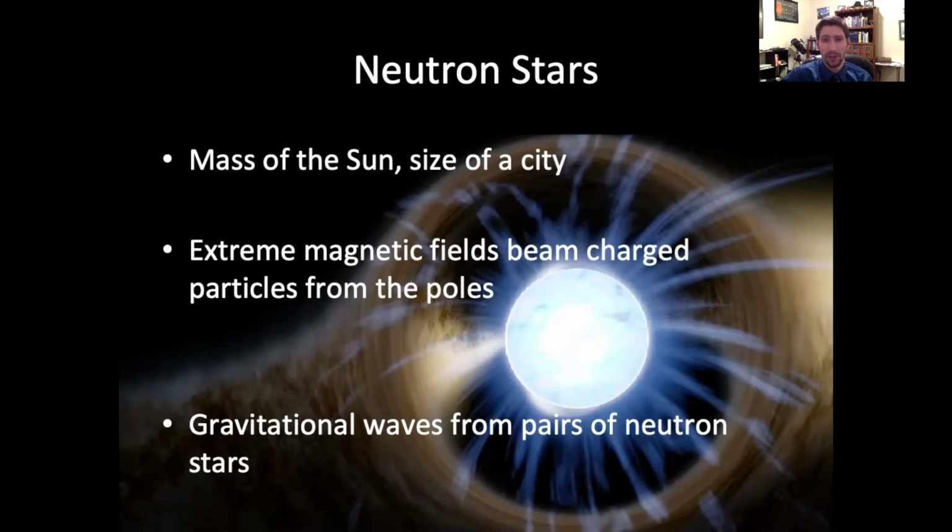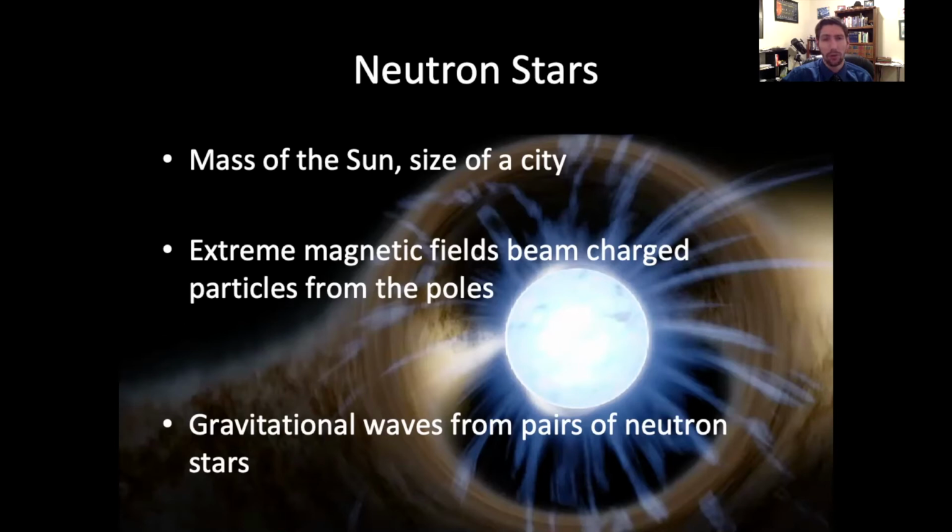Since the radius has decreased by a lot, the angular velocity can increase by a lot. Neutron stars also have extremely strong magnetic fields, which generate beams of charged particles from the star's magnetic poles. The neutron stars with the most extreme magnetic fields are called magnetars.